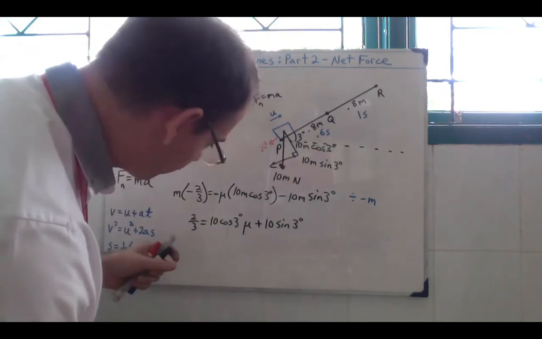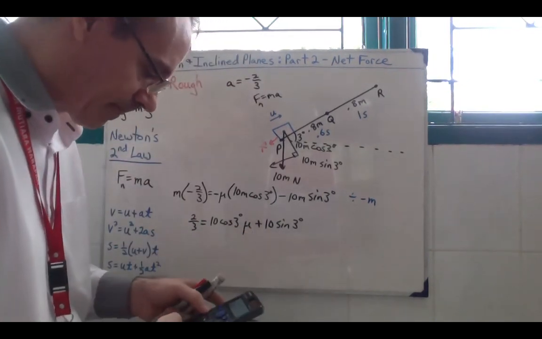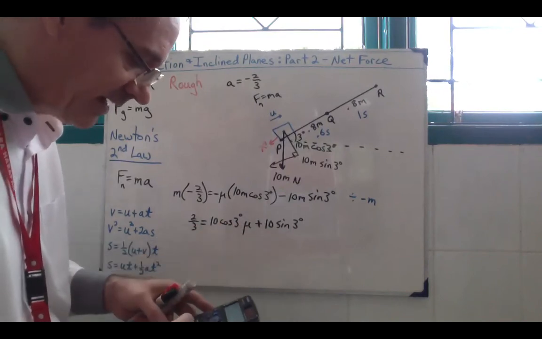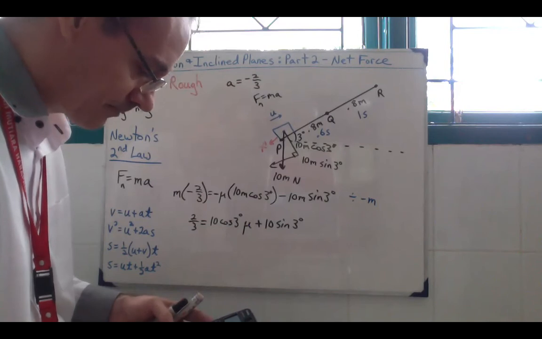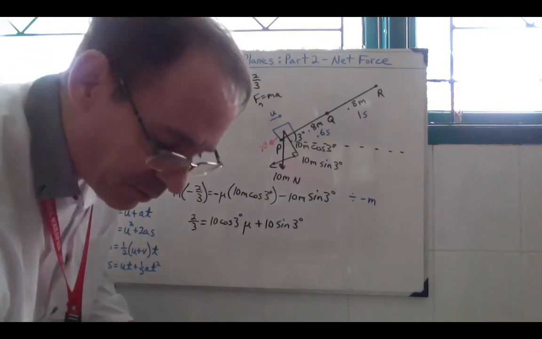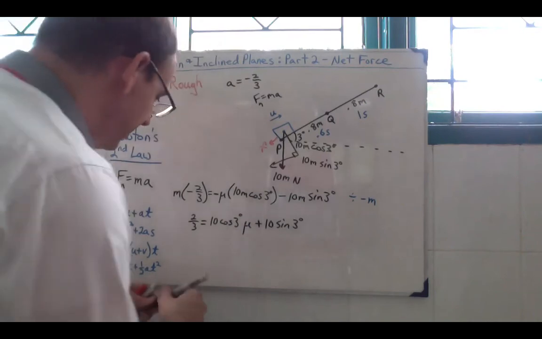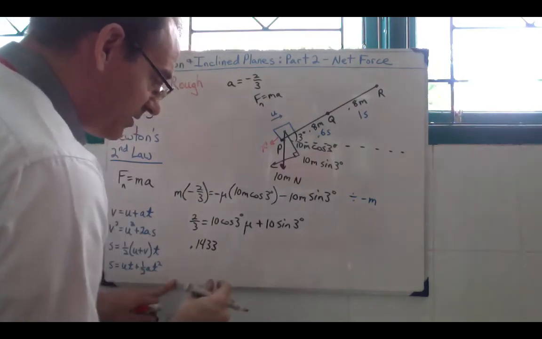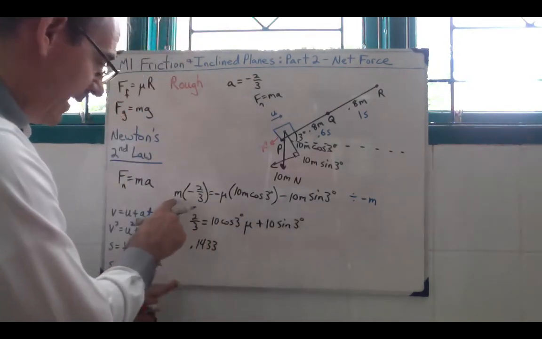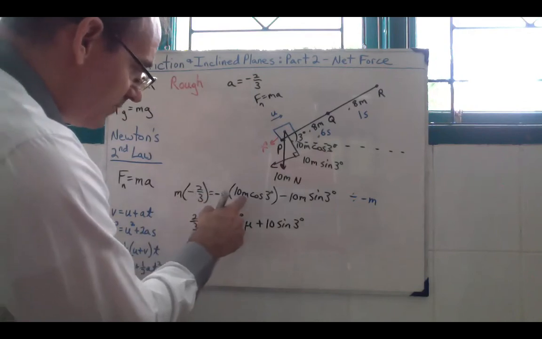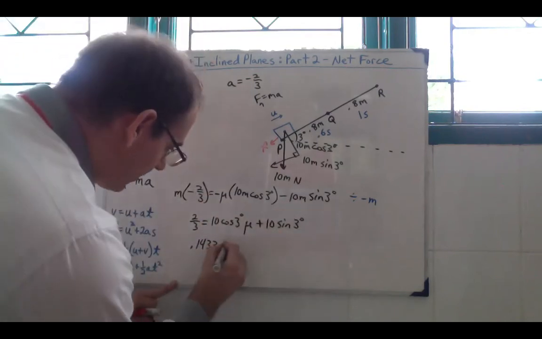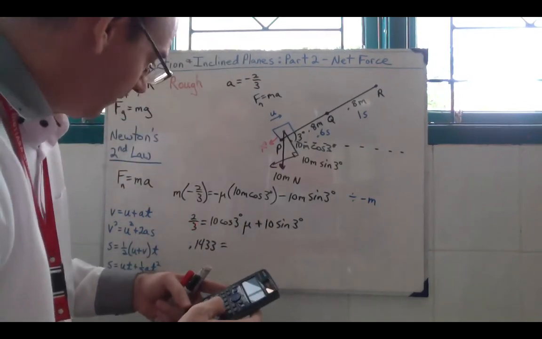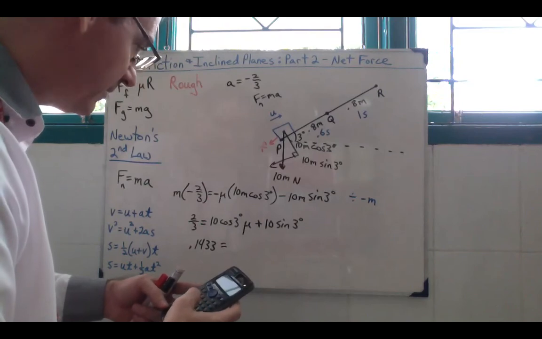We can take the 2/3 minus the 10 sine 3. That gives us 0.1433. So the 2/3 minus the 10 sine 3, because we divided out a -m, so it crossed out the negatives and the m's, equals 10 cosine 3 mu plus 10 sine 3.